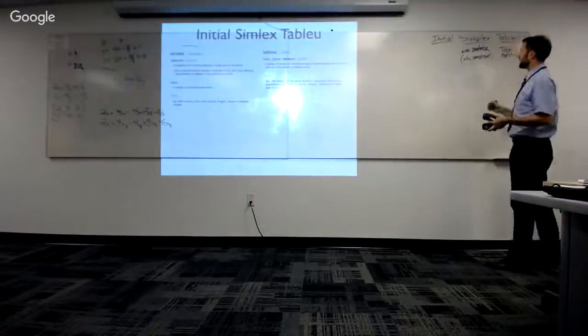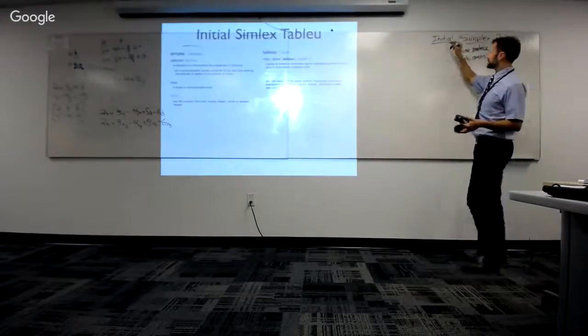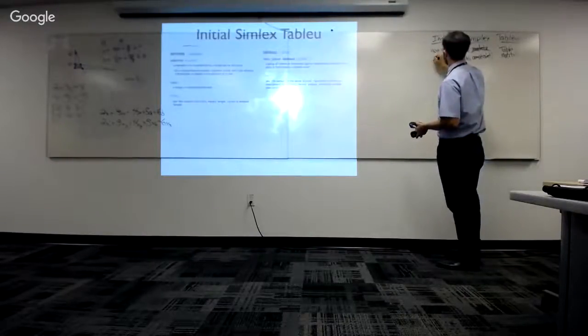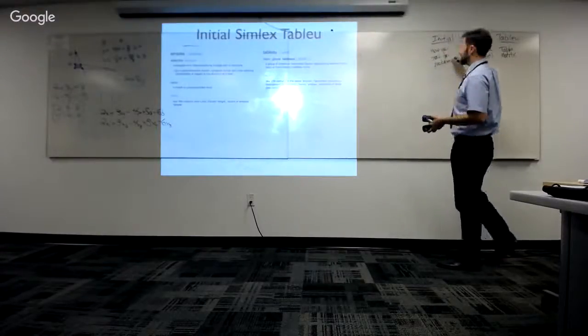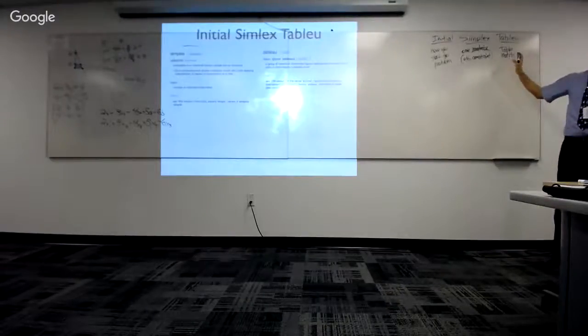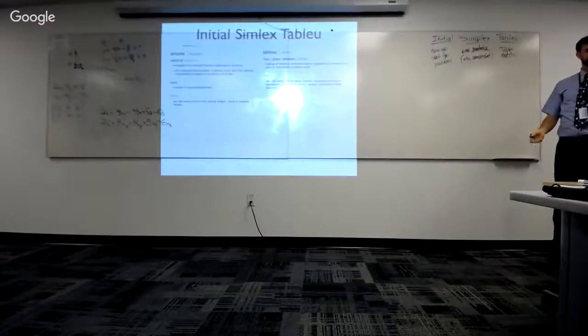What about initial? Initial means how you start the problem. You start the one matrix table. So, as in many things, we've got this really fancy word, initial simplex tableau, which just means the matrix that you write down to start the problem.